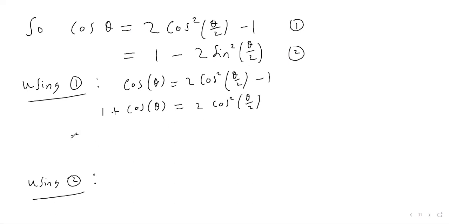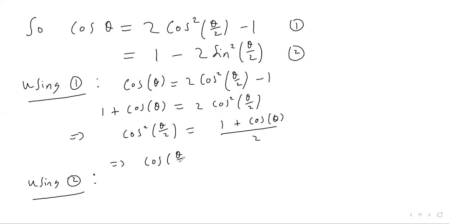If we then divide both sides by 2, we get cos squared theta over 2 is equal to (1 plus cos theta) divided by 2. And lastly, if we square root both sides, we get cos theta over 2 is equal to the square root of (1 plus cos theta) over 2.